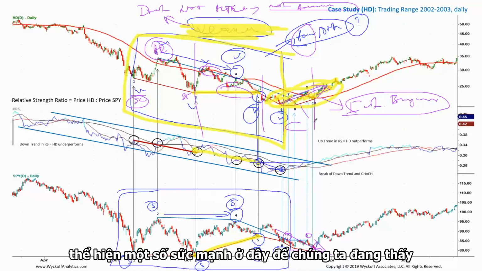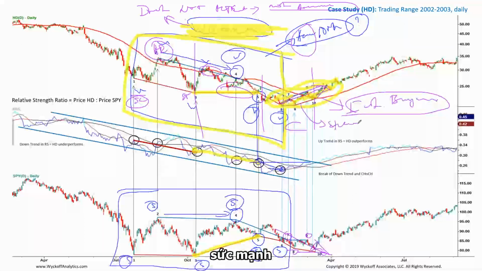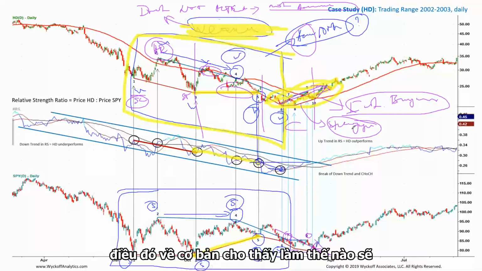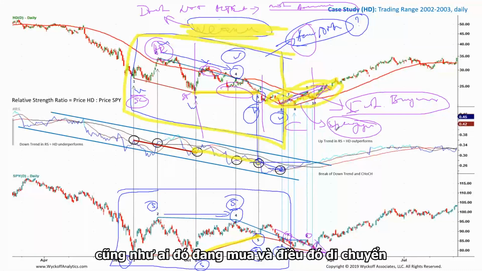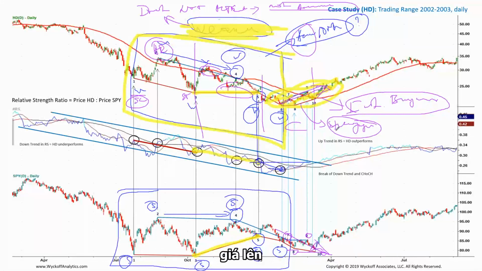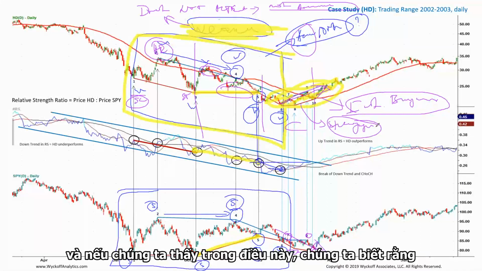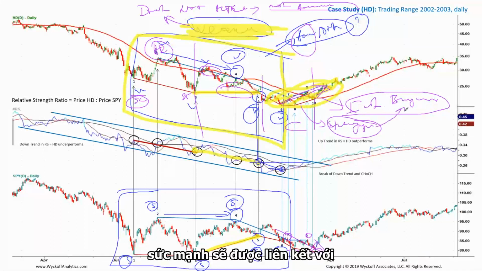So we're seeing strength. How would the strength be showing on the price? Well, somebody's buying, and that moves the price up. And if we're seeing this, we know that the strength is going to be associated with institutional buying. So they started buying between, let's say, 6 and 10.